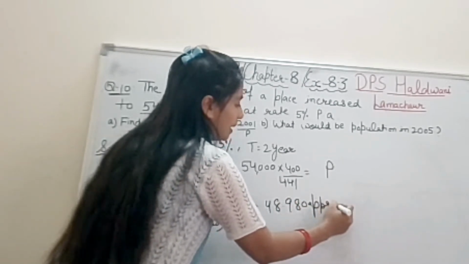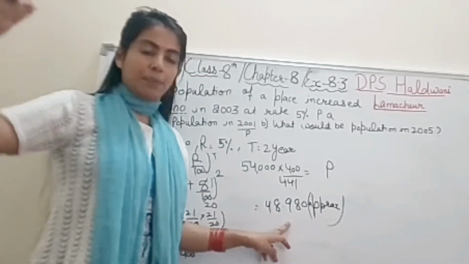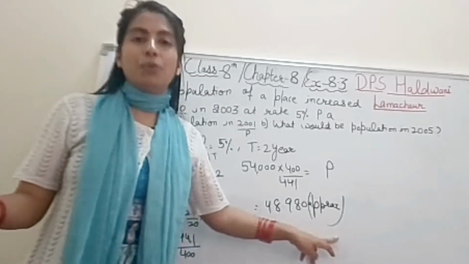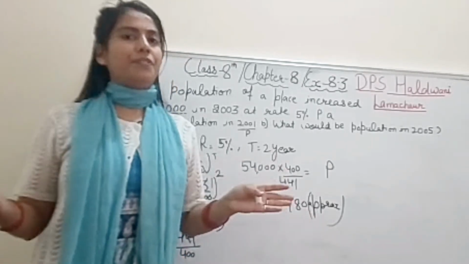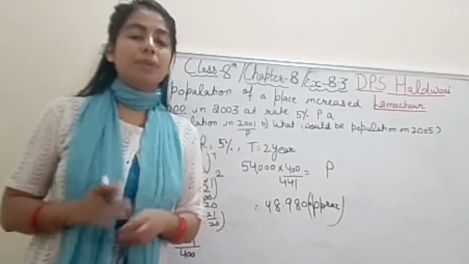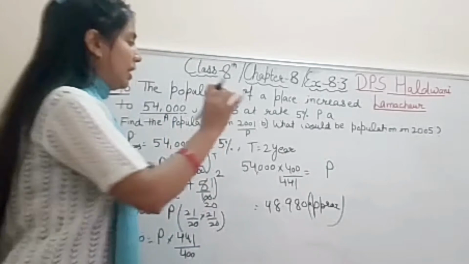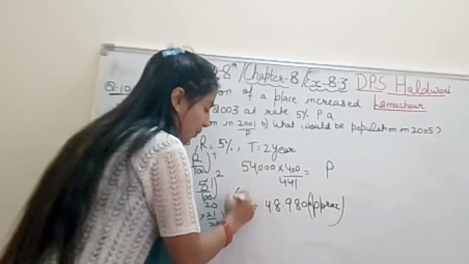Why approximately, student? Because the decimal will carry on, no? But we don't need to do more calculation after the decimal. After 2 or 3 digits, it's enough. Right, students? So 48,980 approximately will be the population in 2001. I hope you got it.